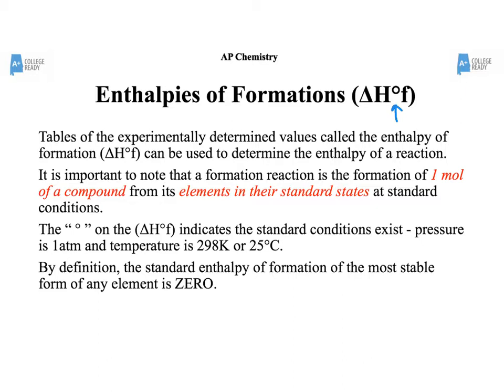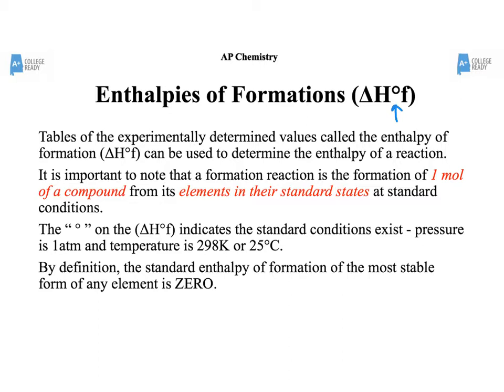That indicates we are at standard conditions. So the pressure is 1 atm, the temperature is 298 Kelvin or 25 degrees Celsius. So like water or carbon, you have to know what state they are in at standard conditions. Carbon would be a solid, hydrogen would be a gas at 25 degrees Celsius, 1 atm.